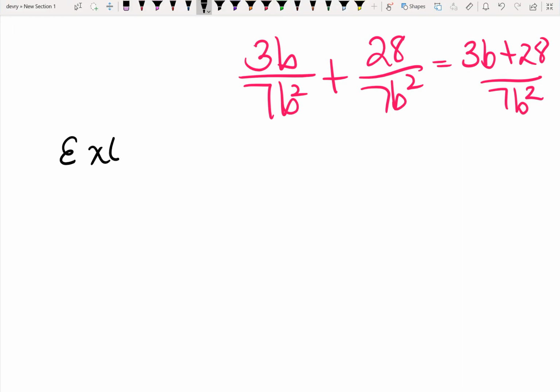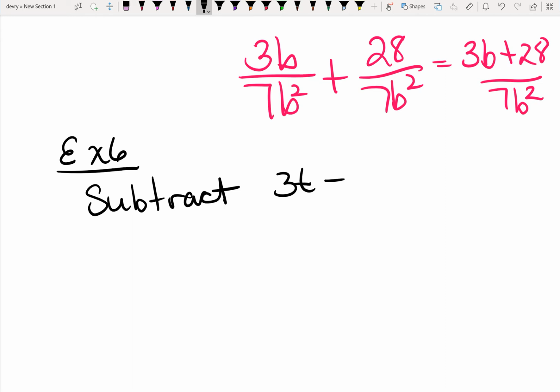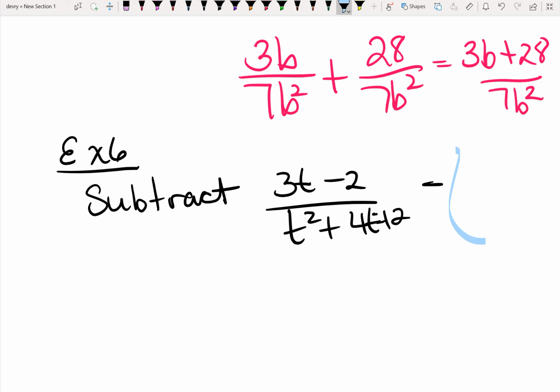It's no different when you subtract. If I'm looking at example 6, we have, in this case, subtract. We have 3t minus 2 over t squared plus 4t minus 12 minus, and again, I still will always recommend you put a parenthesis here for the second fraction.